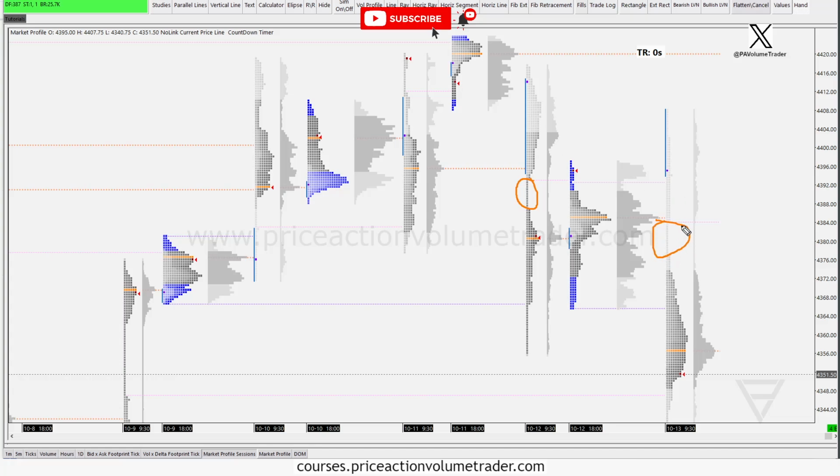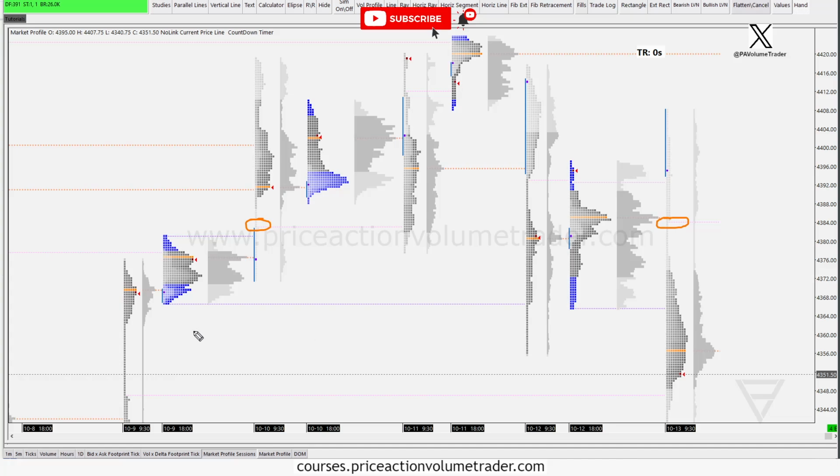Here we have another single print, meaning market opened right here. We had a very strong move down, and in this whole price range from here to here, we only had one single period of 30 minutes that traded through that area. So these areas tend to be weak structure, and market tends to come back to fill them. And so that's why I always like to highlight the singles, and I like to have extensions from them.